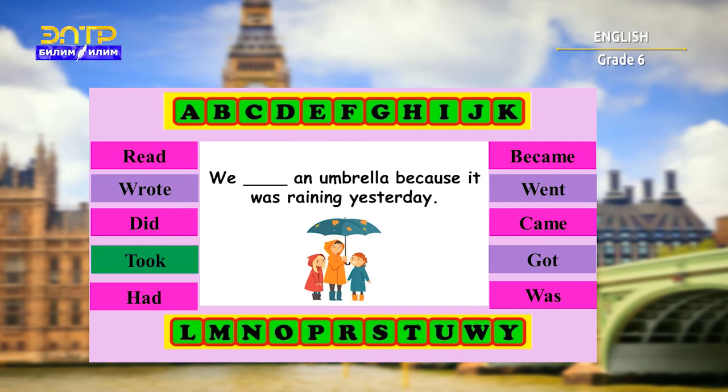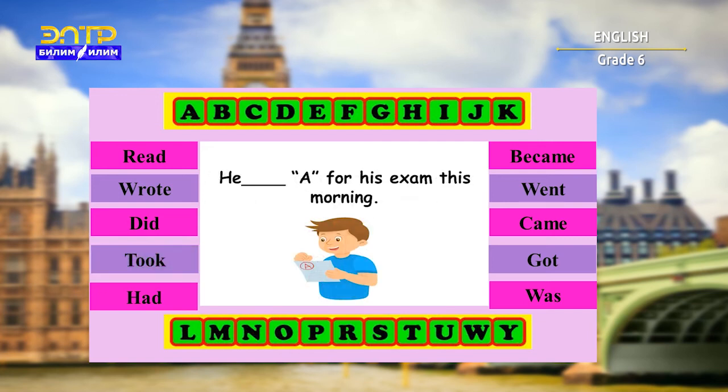We took an umbrella because it was raining yesterday. He, for his exam this morning. He got A for his exam this morning.